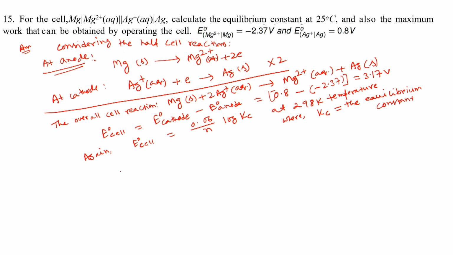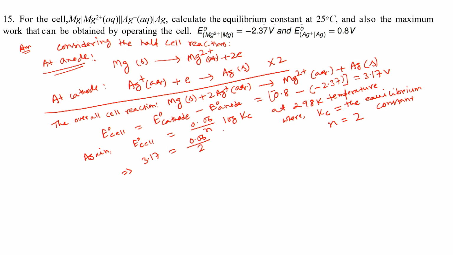Now, we substitute the value of E naught. So, we get 3.17 equals 0.06 by n times log Kc. Here the number of electrons n is 2, since 2 electrons are being utilized.